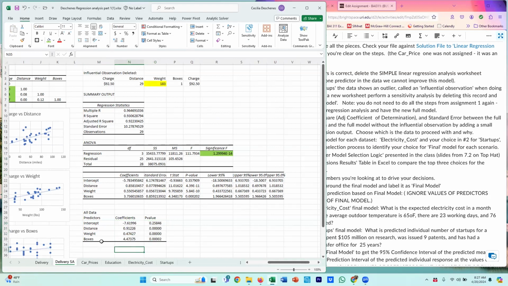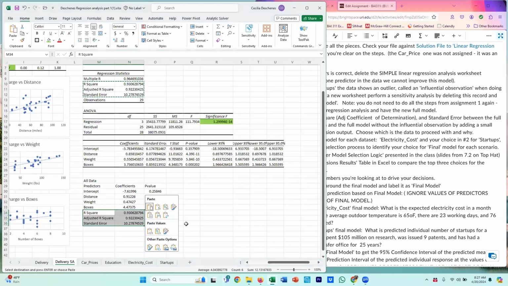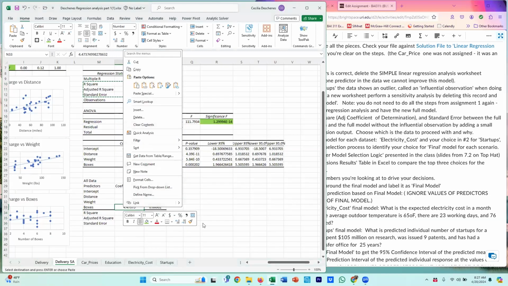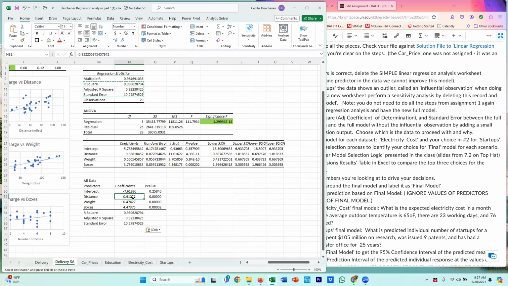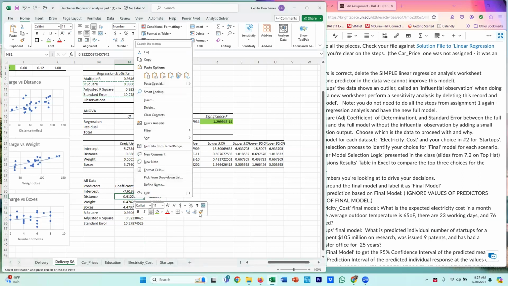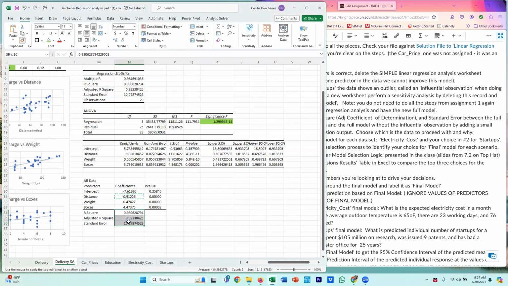All right, so now we have this stuff, and then we're going to get the R-squared, the adjusted R-squared, and standard error, and do the same thing. And I'm going to use my little paintbrush tool. Okay, so now we got this going.